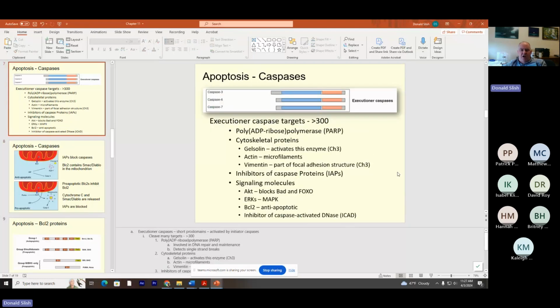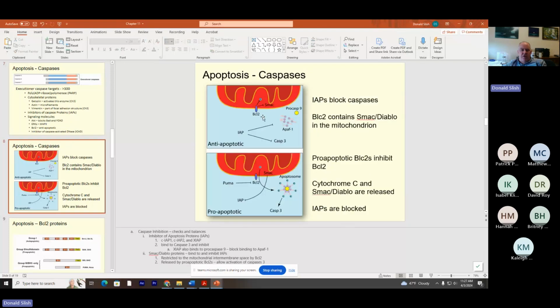So here's our IAP story, where you've always got IAPs inhibiting your pro-caspases and your caspases. And you've got this protein SMAC. Again, two different names, SMAC and Diablo. So SMAC Diablo is in the mitochondrion being blocked.